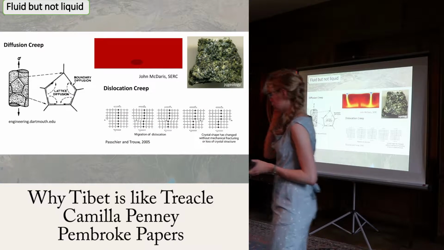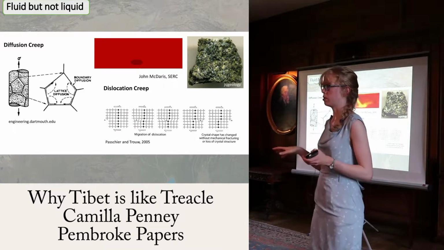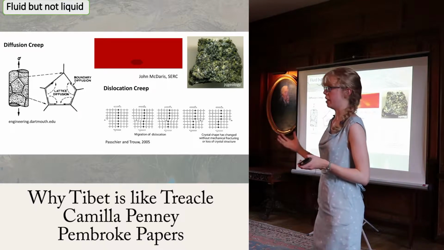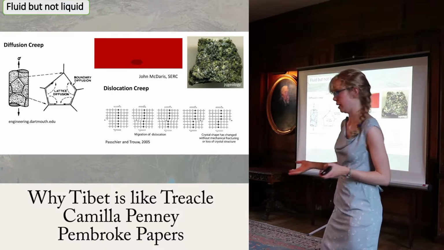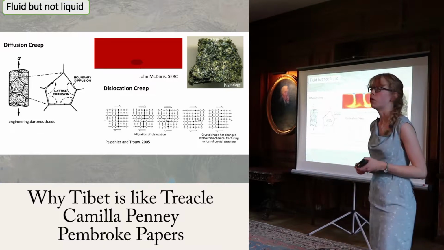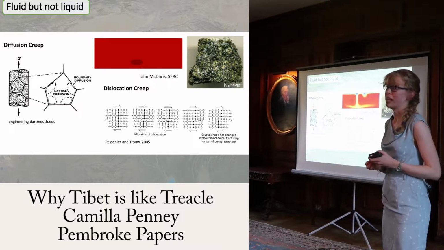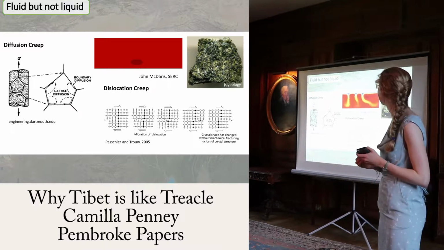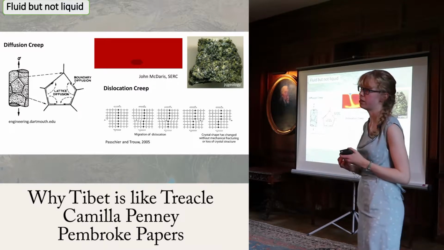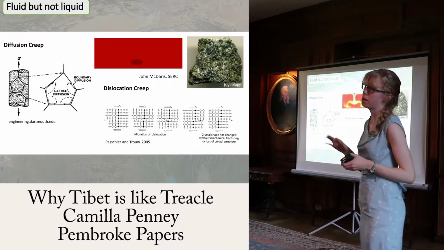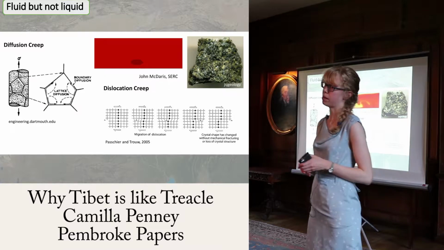So throughout this talk, I'm going to be talking about rocks flowing. But when I say that they're flowing, I mean that they are fluid, but they're not liquid. The picture here shows a typical rock from the mantle. It's green, actually, even though it's normally drawn as red. It's still solid at the temperatures and pressures that we see in the mantle, but it's at maybe 80% of its melting temperature.